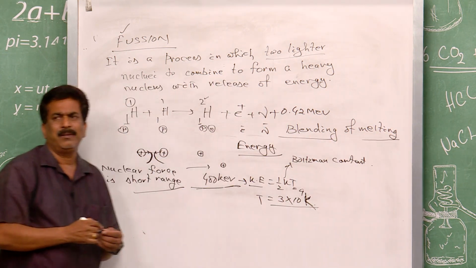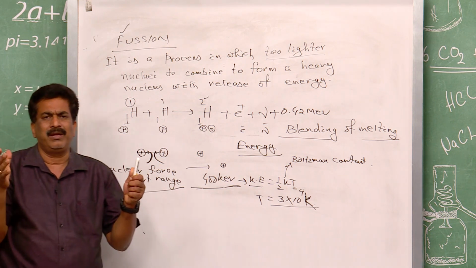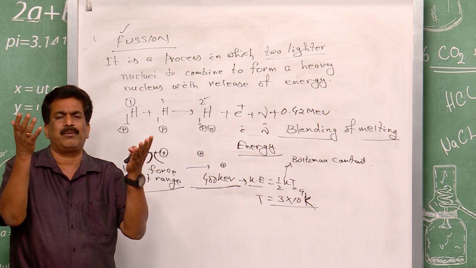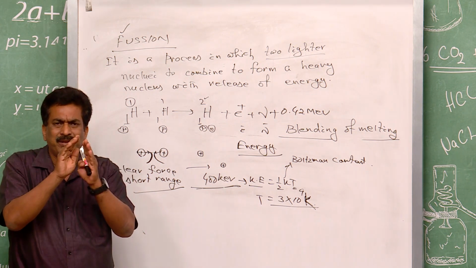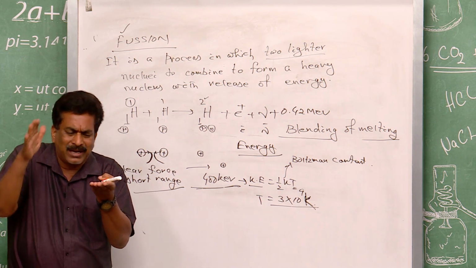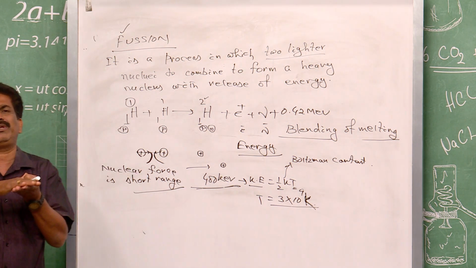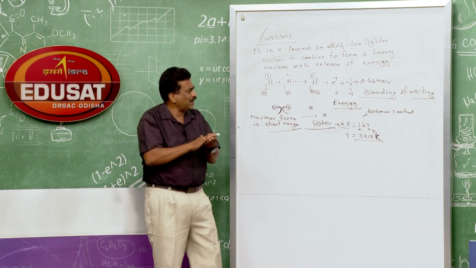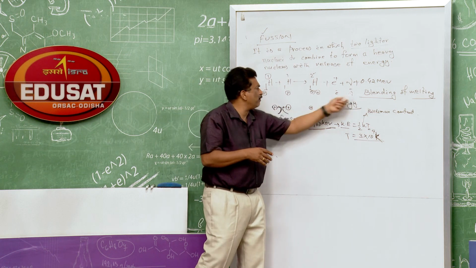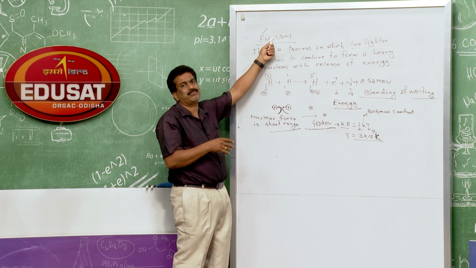Blending of melting means if two heavy elements are taken and supplied with more heat, they melt, and when they melt, they are pressed together. That type of process is nothing but the nuclear fusion process.